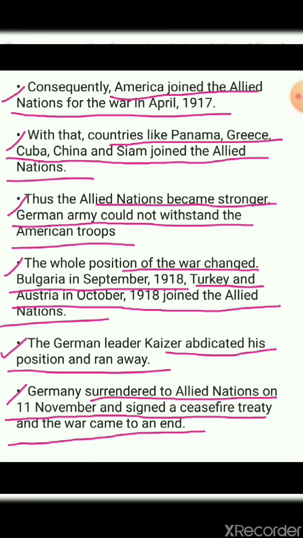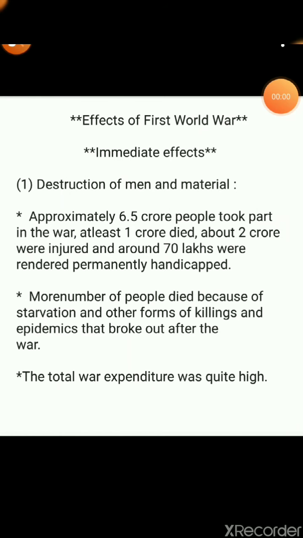On 11th November it surrendered and was made to sign a ceasefire treaty, and the war came to an end. The war started because of Germany, and as Germany surrendered, the First World War was completed.